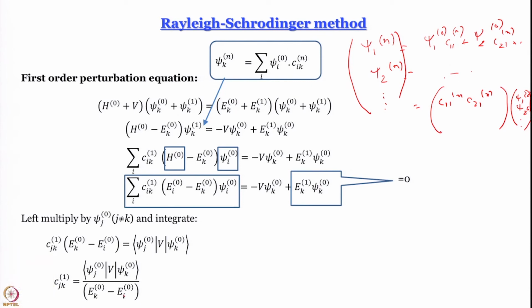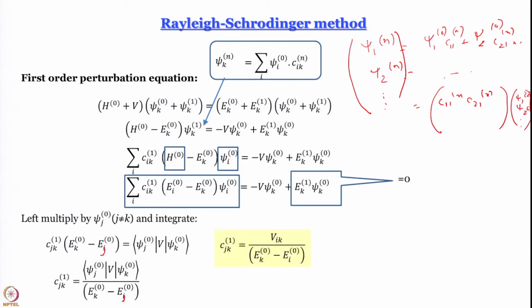So, this is not i, this is j, alright. So, Cjk 1th is equal to this integral psi j 0th star V psi k 0th divided by Ek 0th minus Ej 0th.